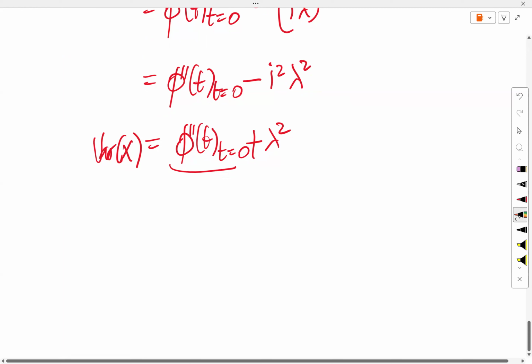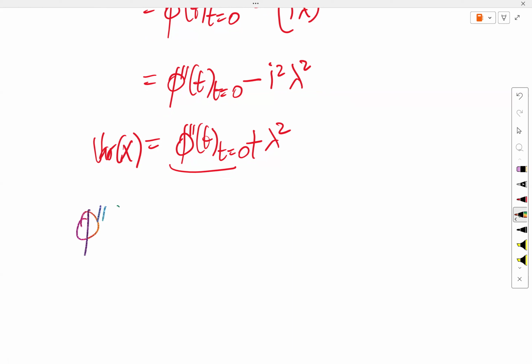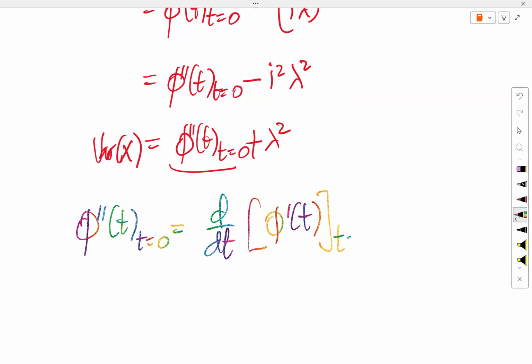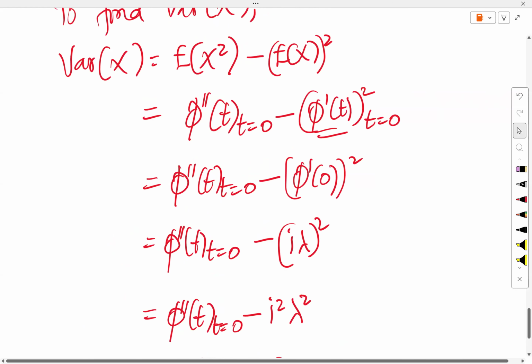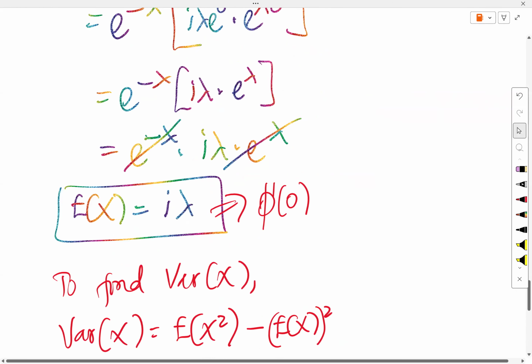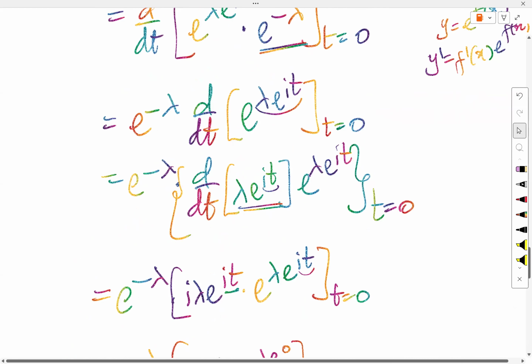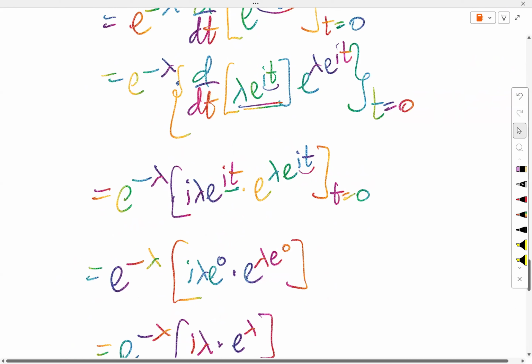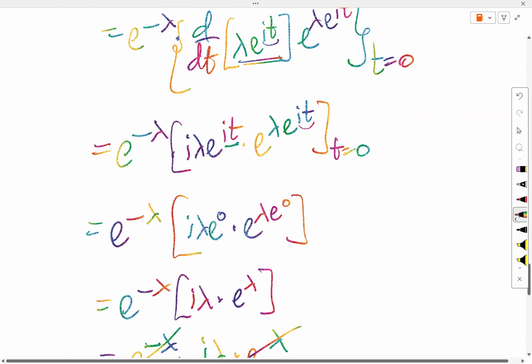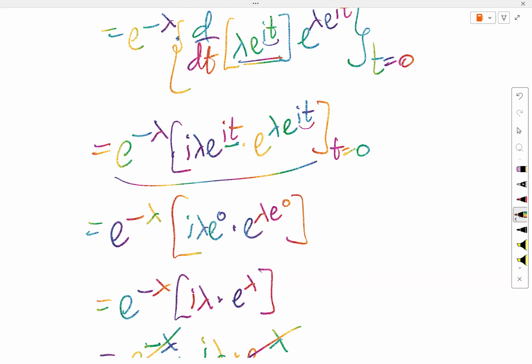To do this, we know phi prime prime of t evaluated at t equals 0 is the same thing as d dt of phi prime of t, evaluated at t equals 0. And for phi prime of t, we can go back to before we put the value of 0 into it. That's like this thing now.